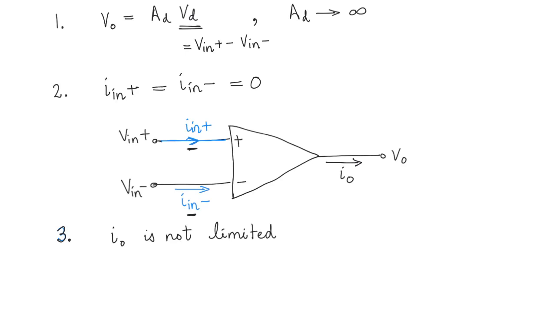Okay, so in other words, we have already learned about loading. So in other words, what we are saying is basically that an op amp cannot be loaded. Okay, so that's our third assumption.